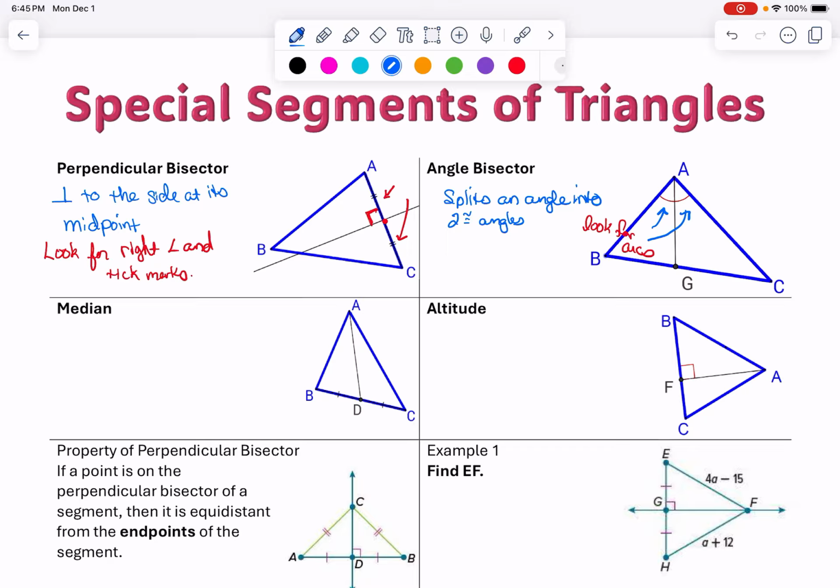The third is called a median. We haven't worked with medians a lot yet. But a median starts at the vertex and then goes to the midpoint of the opposite side.